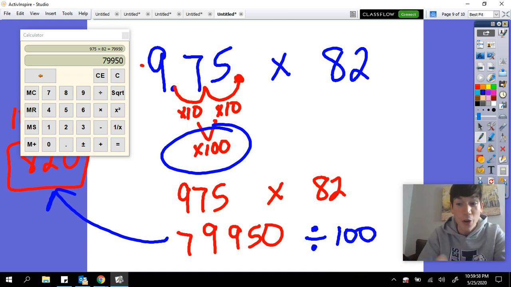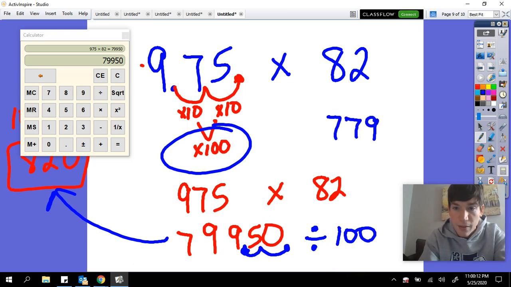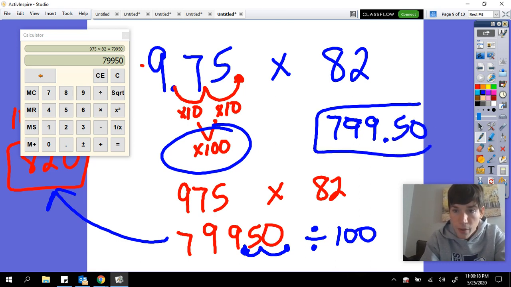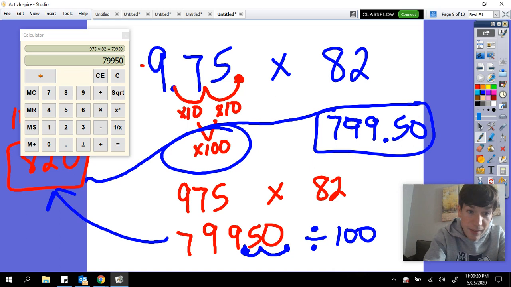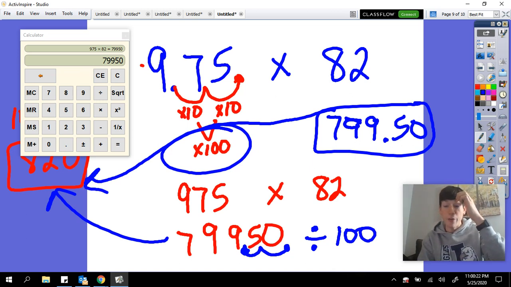In this case, you'll notice there isn't a decimal in this number. We can always add one right at the end of a whole number. And to divide by 100, that's the same thing as dividing by 10 twice. Going to move it back 2 times. And we end up with 799 and 50 hundredths, which is much closer to our 820.